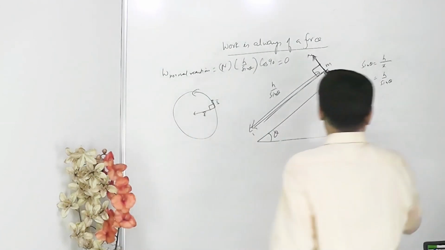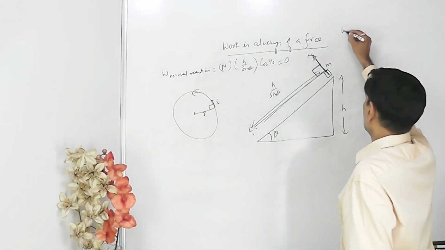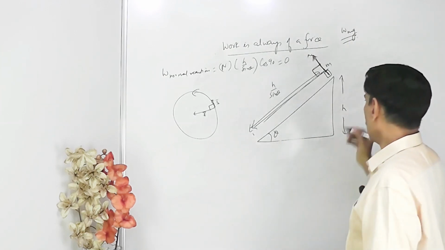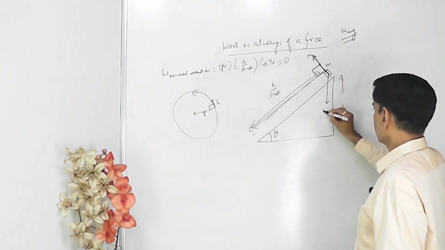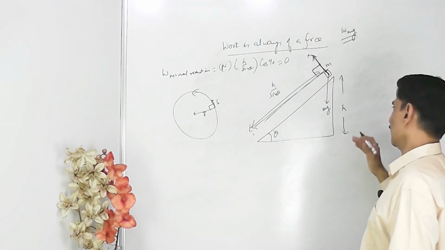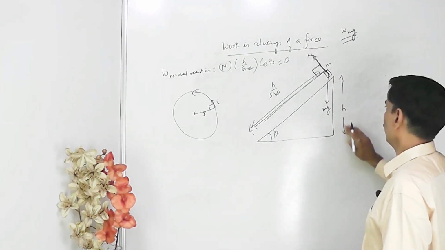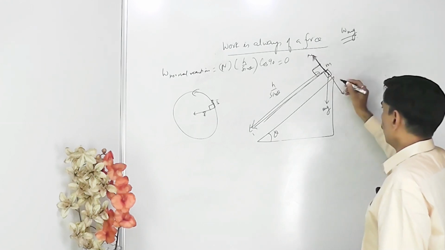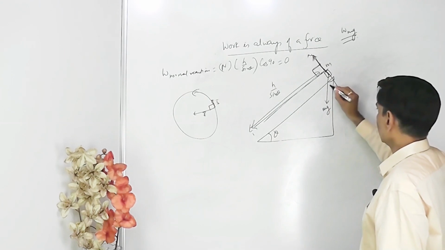Now someone asks, what is the work done by mg, that is, the gravitational pull? Now mg is acting this way. One way to understand it is to find the work done by its components. This mg can be represented by its two components. Obviously this angle is going to be theta.